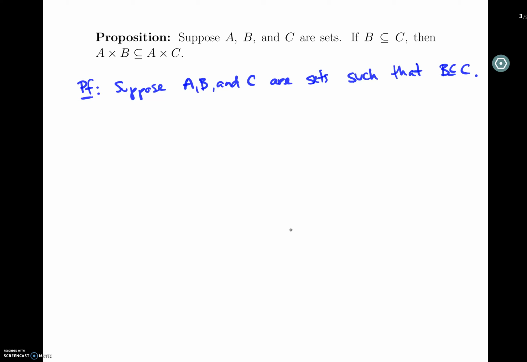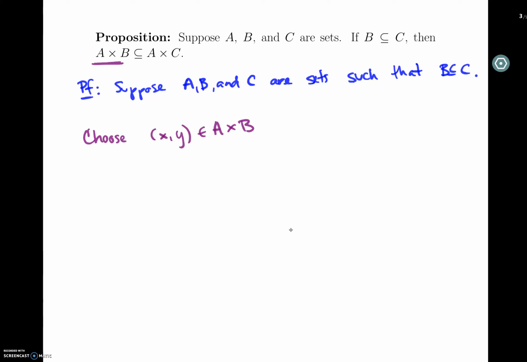Now we're ready to start chasing our elements. So the first thing we're going to do is pick our element in this first set. So we choose (x, y) to be an element of A cross B. Remember that our Cartesian product is sets of ordered pairs, so our element that we choose in this case has to be an ordered pair.